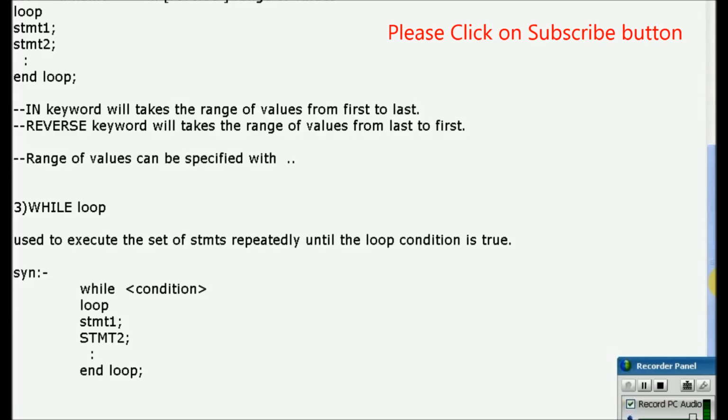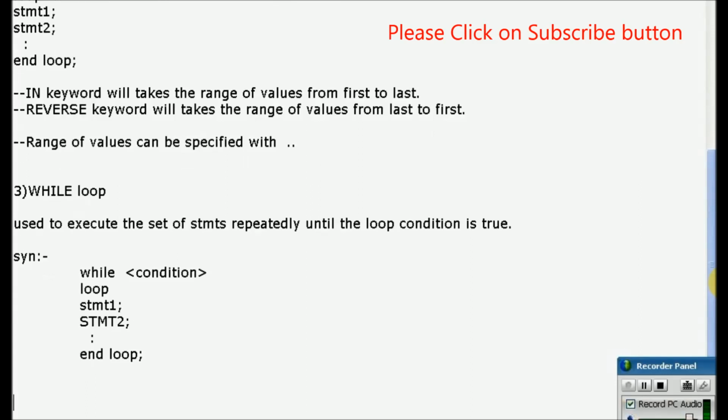Now let me go for the examples of these loops. Display 1 to 5 numbers by using simple loop, by using for loop, by using while loop. Remaining examples we can see on the database side.